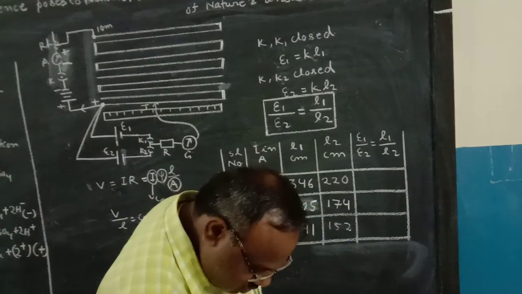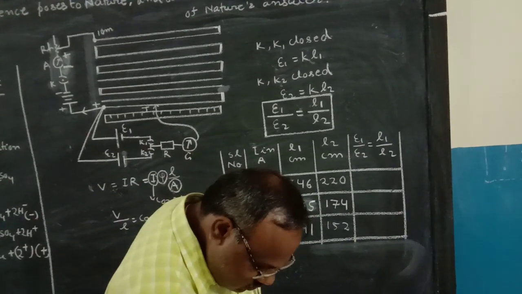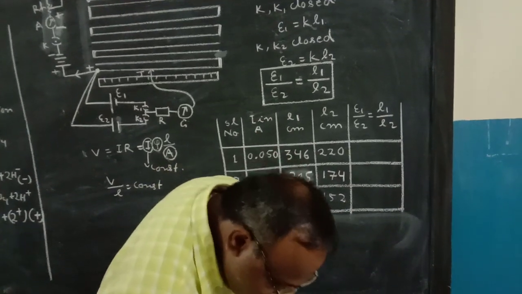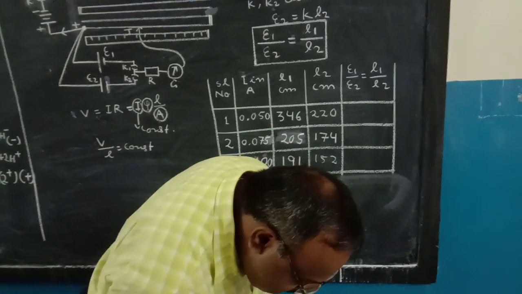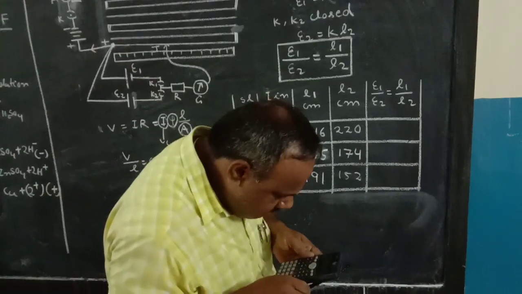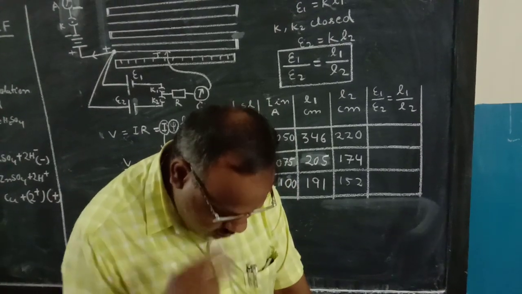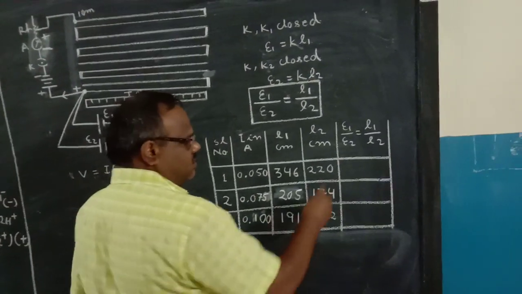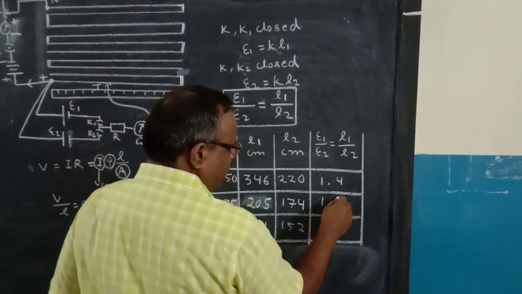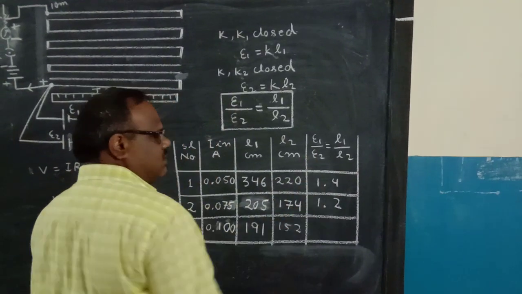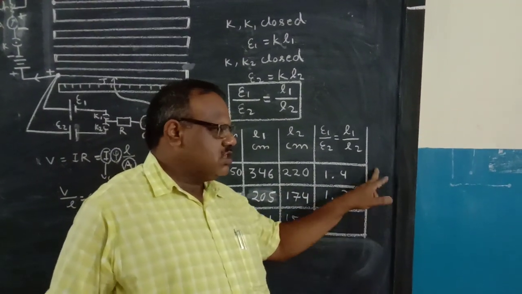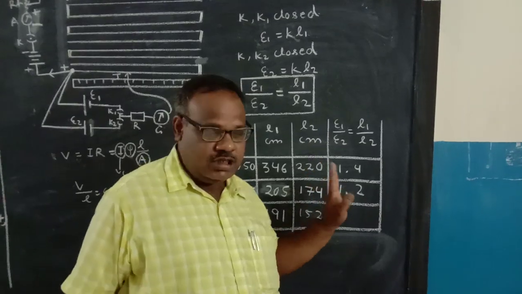The second one is 205 divided by 170. So it is approximately coming 1.4 something, 1.2 something. So the ratio is almost, there will be a variation of approximately 10 or 20%.